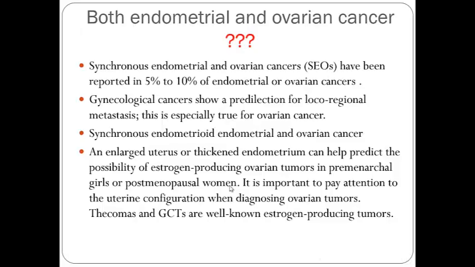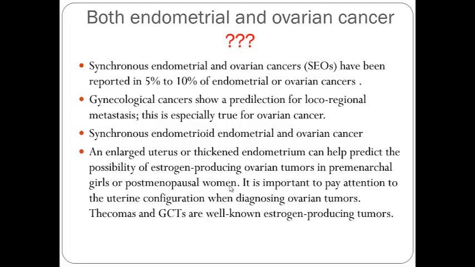So here we have a dilemma. Many times we find endometrial and ovarian cancer at the same time. We have both endometrial and ovarian cancer. What is your differential diagnosis? Synchronous endometrial and ovarian cancer have been reported in 5 to 10% of endometrial and ovarian cancers. And in our time, we can see that many of the hereditary cancers are now too much.